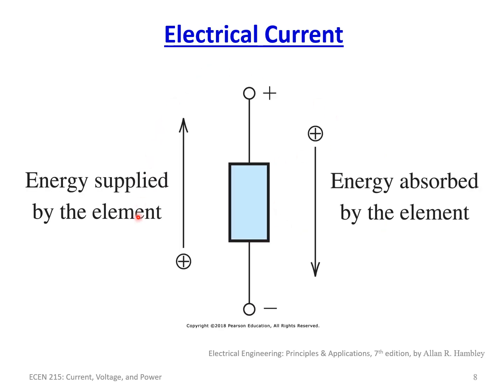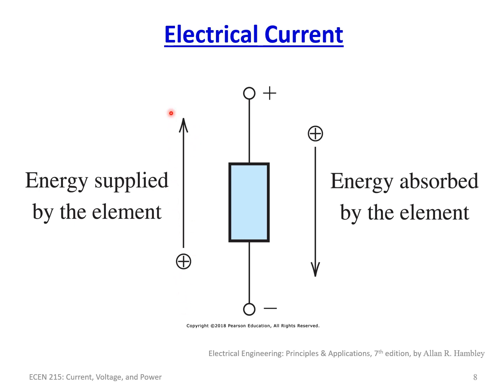This one here is very important that you pay attention to this slide, because this, again, trips up various students here and there, and there'll be a problem on the test dealing with this. So energy that is supplied by a circuit element, like a generator or a power supply, is where the current is going from the negative terminal to the positive terminal of the element.